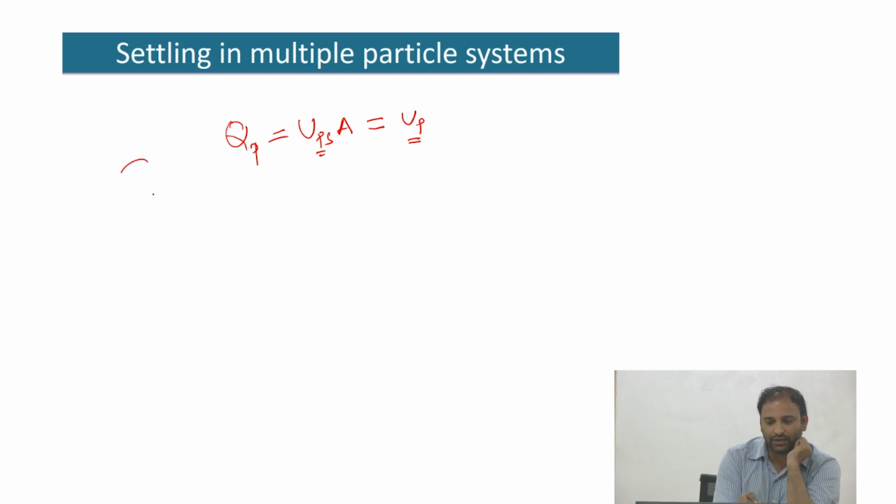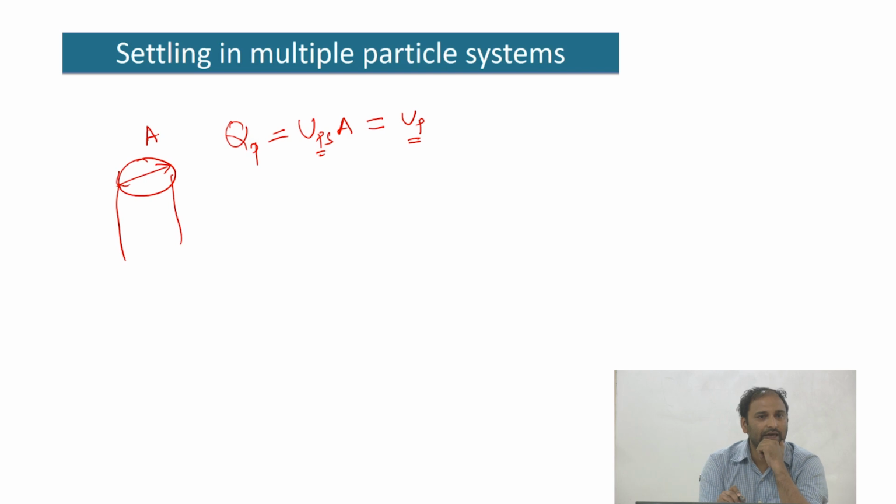If you have a container and the cross-sectional area is A, the cross-sectional area that is available for the particles to flow is A into 1 minus epsilon, because 1 minus epsilon gives you the solid fraction.